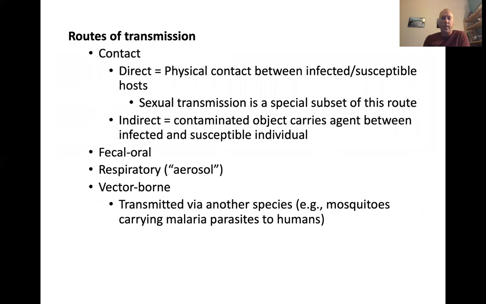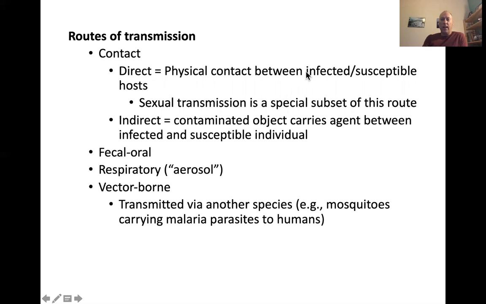All right, so think about routes of transmission. This is basically how pathogens get in and out of a host. So physical contact is an obvious example: direct physical contact between the infected person, since that's what we're talking about here, although this could be anything, animal, plant, whatever.